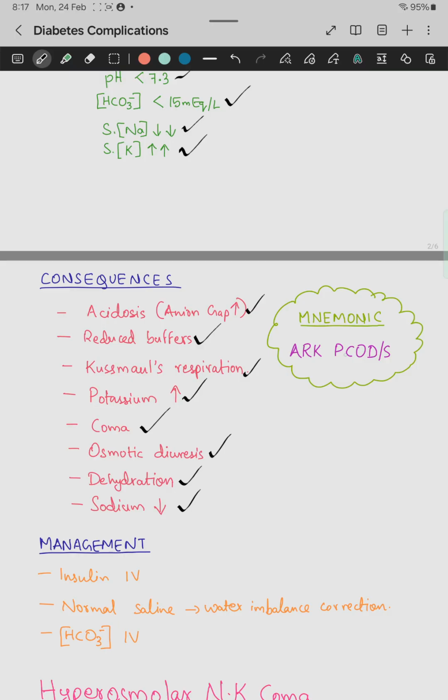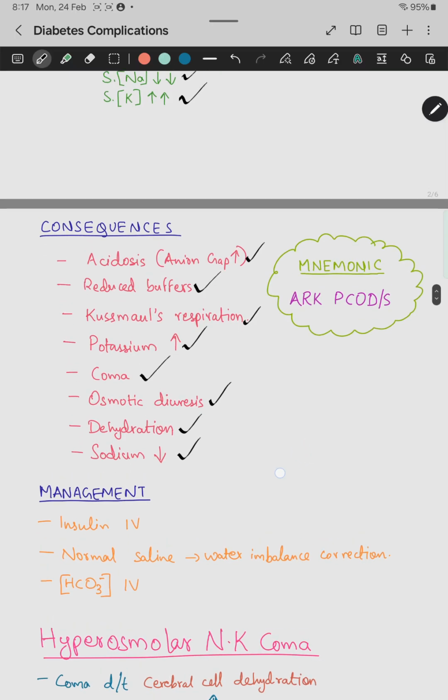So a simple mnemonic for these consequences is ARK PCOD/S. We all know PCOD disease, PCOD or PCOS. So ARK PCODS. This is a simple mnemonic for the consequences.